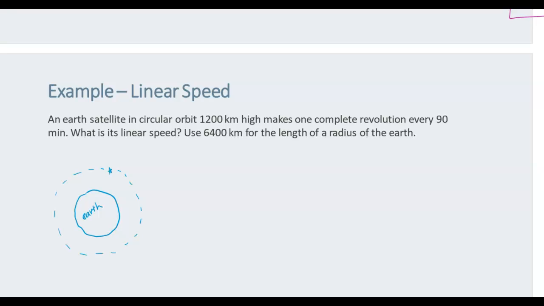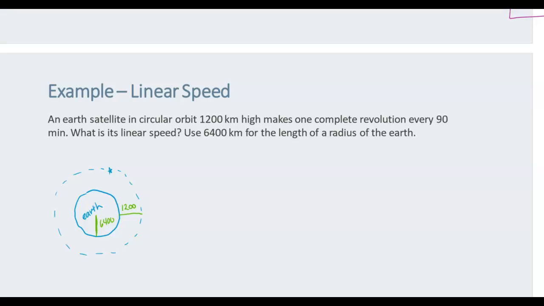And we know that this distance here is 1,200, right? They want us to use this distance here as 6,400, the approximate radius of the Earth. My drawing is obviously not to scale.